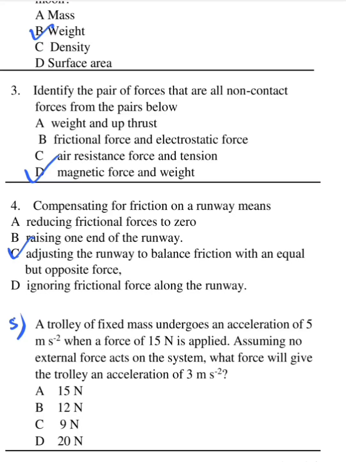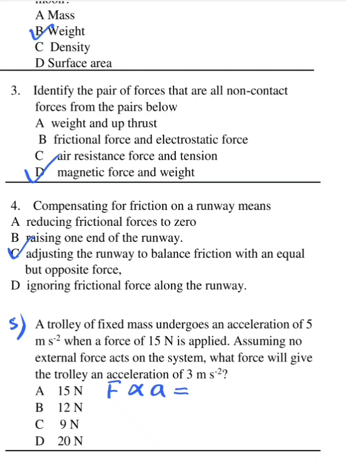In number 5, a trolley of fixed mass undergoes an acceleration of 5 meters per second squared when a force of 15 newtons is applied. Assuming no external force acts on the system, what force will give the trolley an acceleration of 3 meters per second squared? So this is the case of the relationship between force and acceleration, which is direct. There is direct proportionality between force and acceleration.